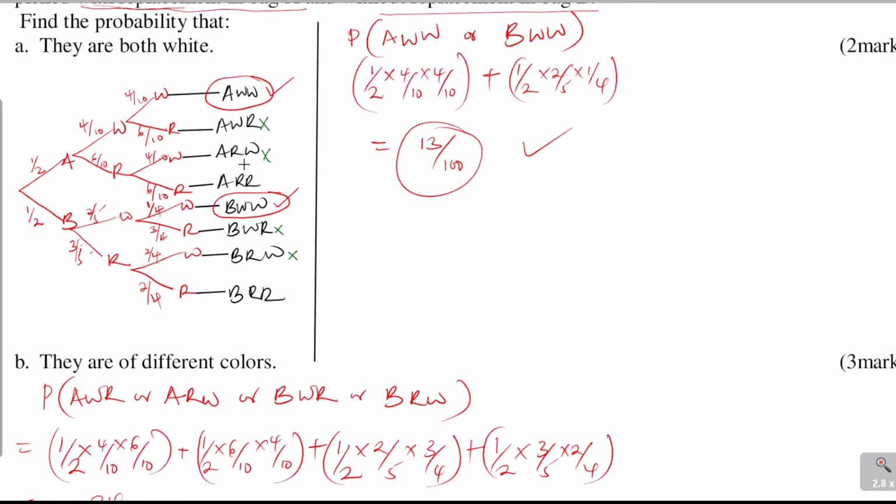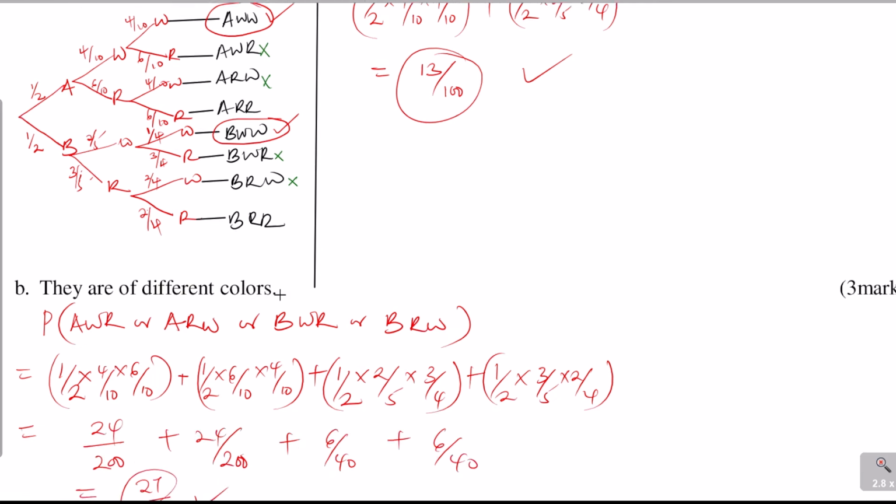So we require to add all these. And to make things easier, the sum of all these probabilities is going to give us 1, and we got the probability that they are both white.